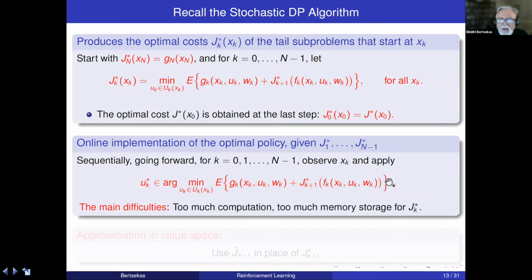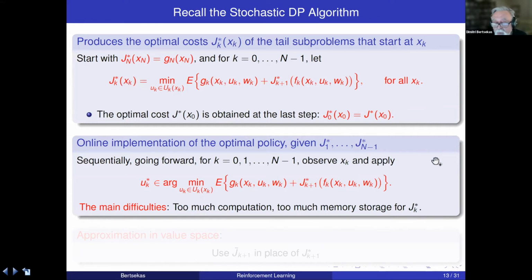But the main difficulty here is that the offline training is very often a horrendous computation. It's impossible to do it because the computation requirements explode as n goes to infinity, as the size of the state space becomes larger. And moreover, even if you could do this computation, you would need a lot of storage for these J k star functions.